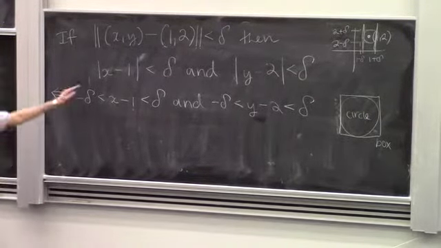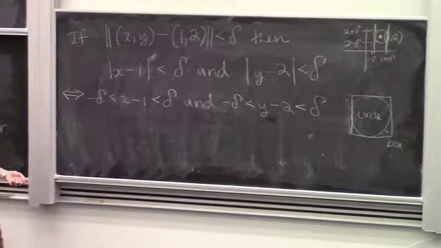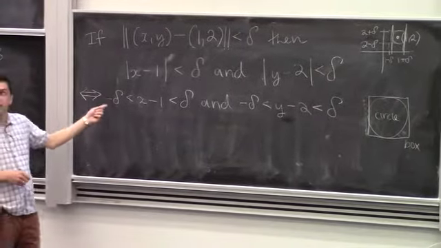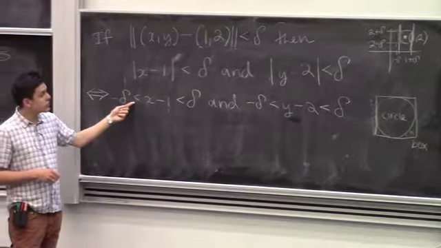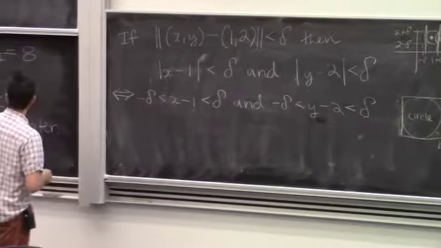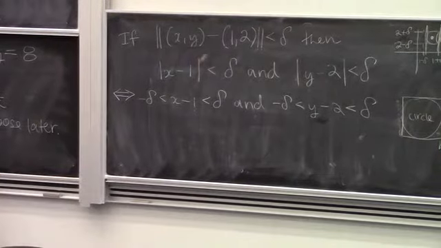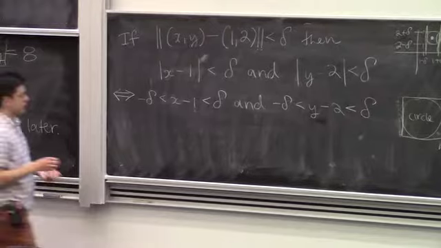Okay, this last condition is equivalent to this. And now this is the kind of thing that we can do some algebra on. We can do a little bit of algebra here and get things looking more and more like our goal function. Okay?